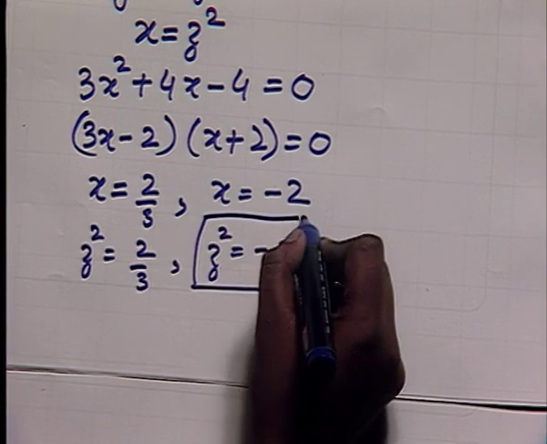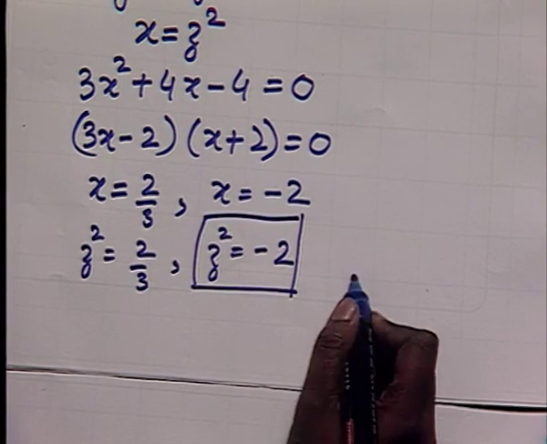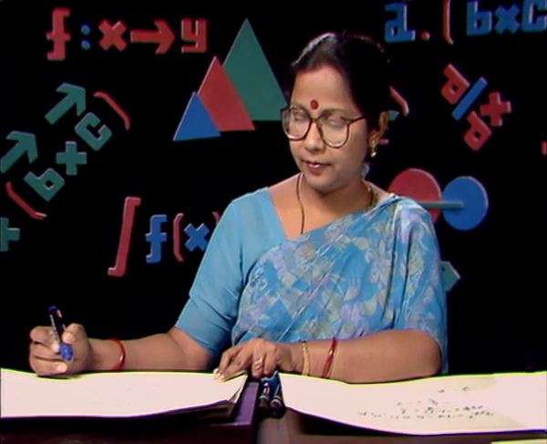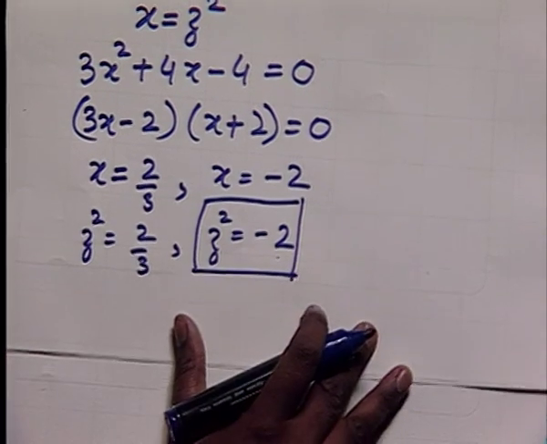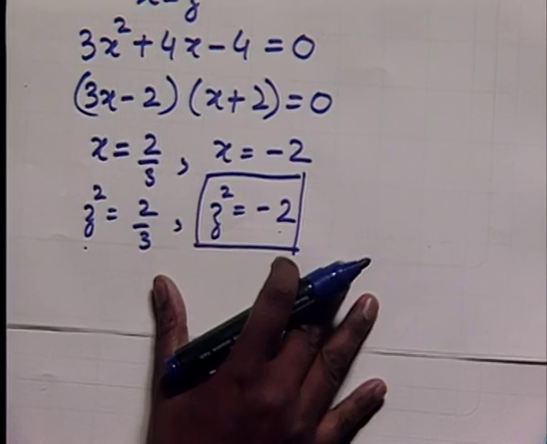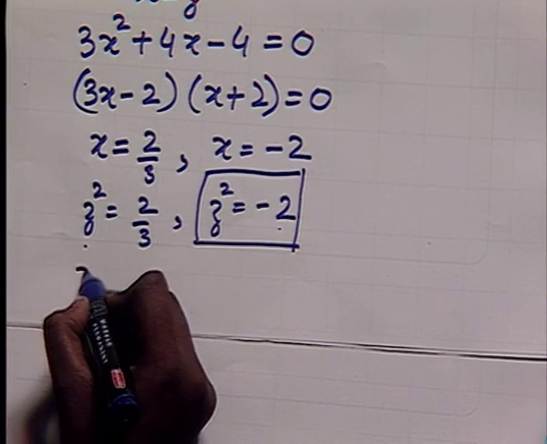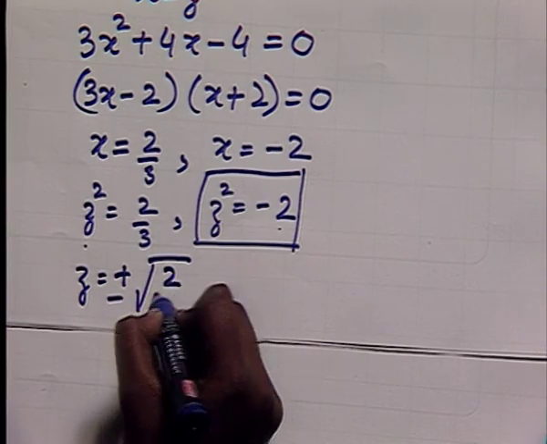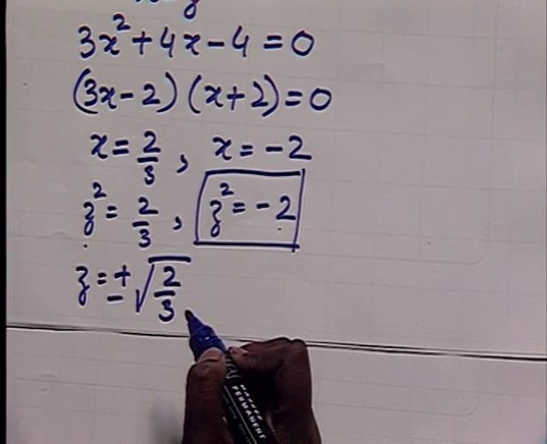This is not possible because the square of a real number can never be negative. So, we are left with only z square equal to 2 by 3, and hence the values of z which we get from here are plus minus under root of 2 by 3.